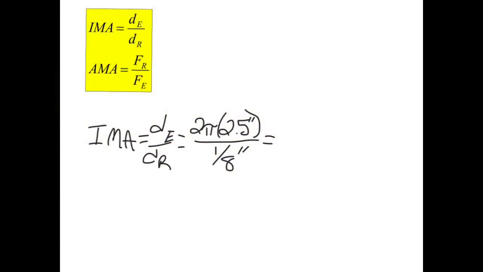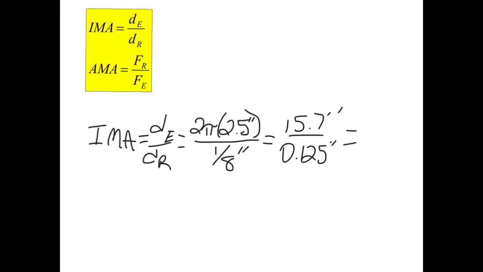All right, now let's use those values to find the IMA of that screw and wrench combo. So my IMA equals distance effort over distance resistance. My distance effort was 2 times pi times 2.5 inches, and my distance resistance is 1/8 of an inch, which equals 15.7 inches over 0.125 inches.